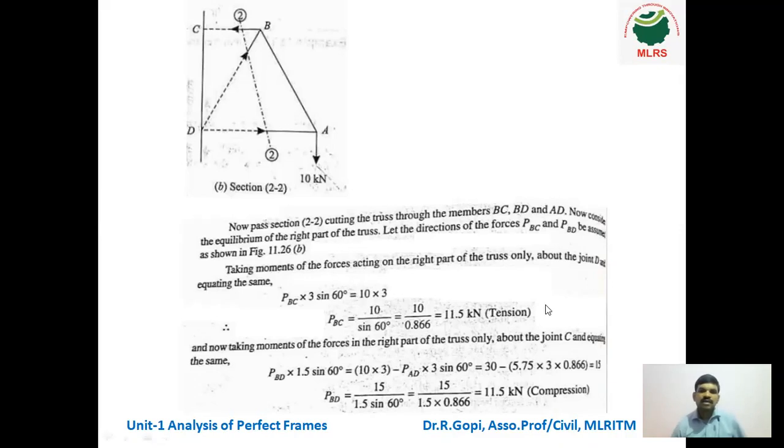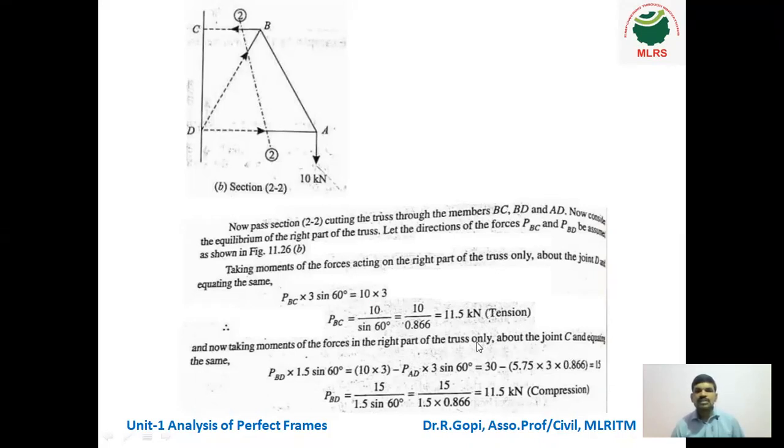Instead of that, in this problem in the book, initially they shifted to the right only. During the equation, for clockwise they mentioned the left side, for anti-clockwise they mentioned the right side. If you see the problem, you can clearly understand.